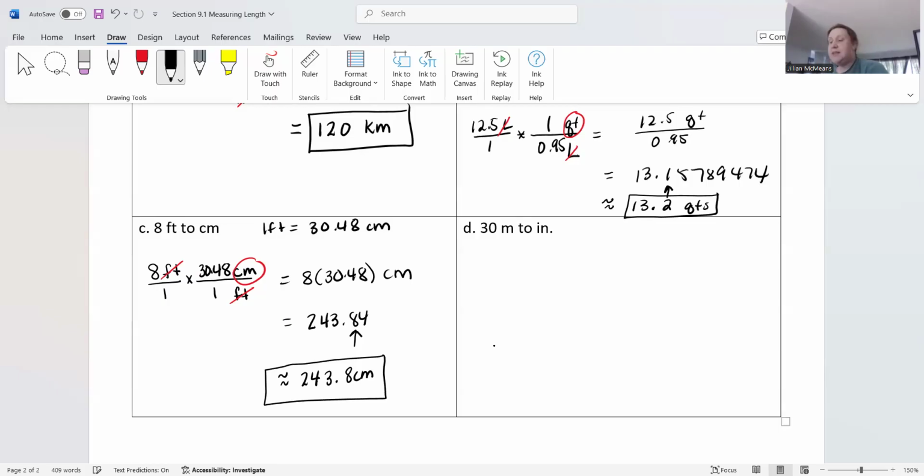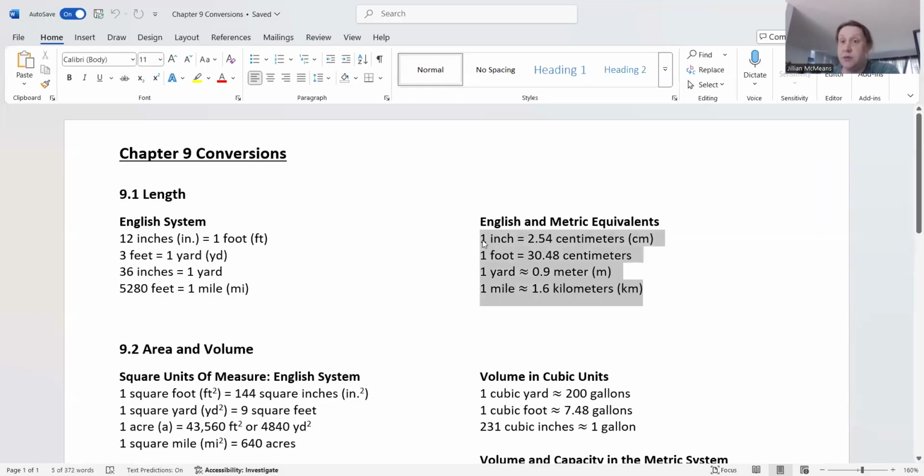All right. And then finally, our last example, we have 30 meters to inches. Okay, so 30 meters, we want to convert that to inches. Let's go see what we have on our conversion sheet. All right, so we're still looking up here at English and metric equivalents for length. We have meters and we want to convert that to inches.